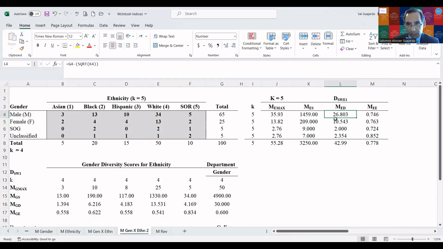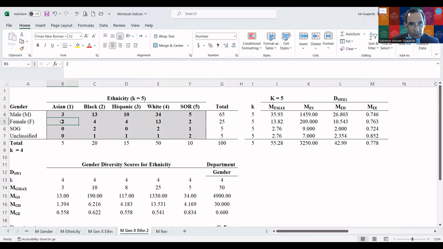When I divide the 26.83 by the maximum possible score of 35.93, it gives me an evenness score of 0.746. That means that for males by race or ethnicity, the organization obtained 74% of the maximum value of 35.93.